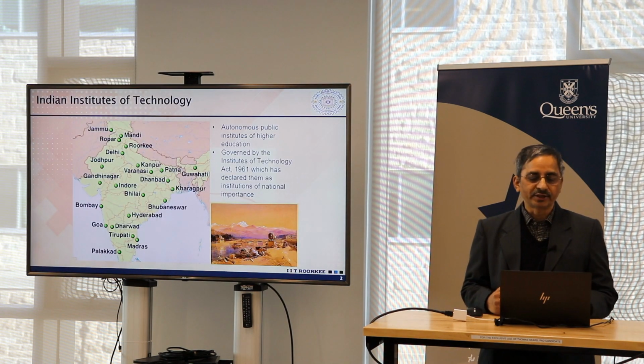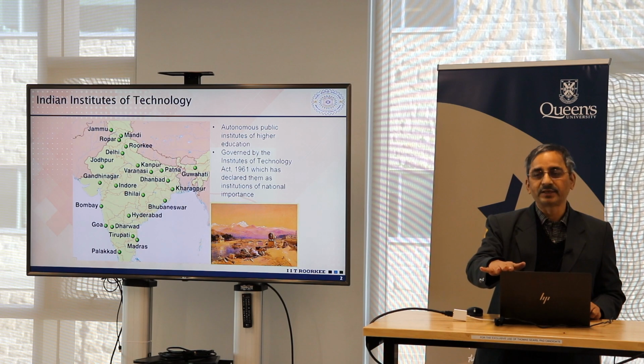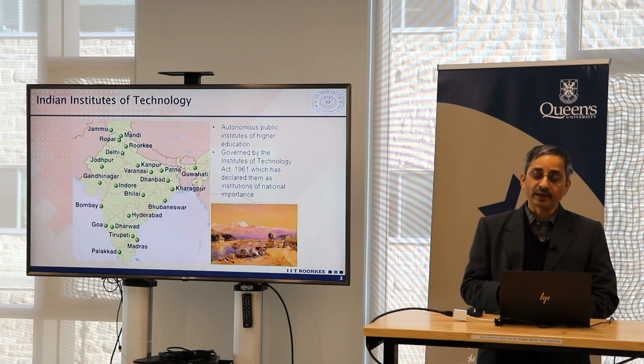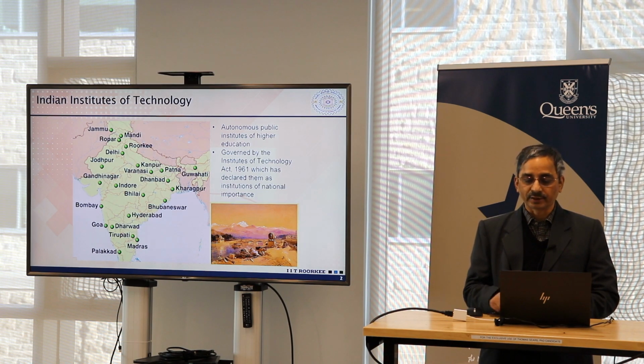The Indian Institutes of Technology are autonomous institutions governed by the Government of India, publicly funded. There are many, almost 22 in number. Many of them have been recently established, but ours is one of the initial ones of the IITs.